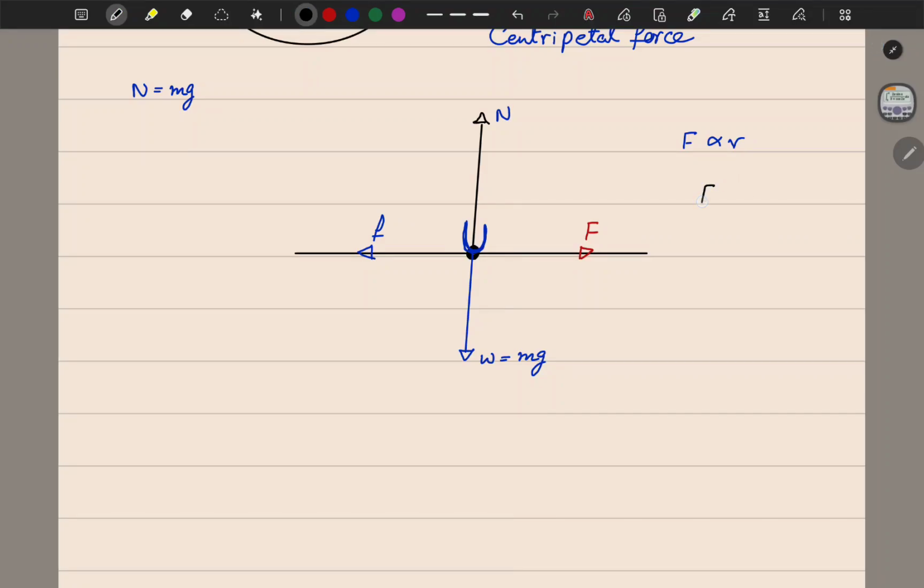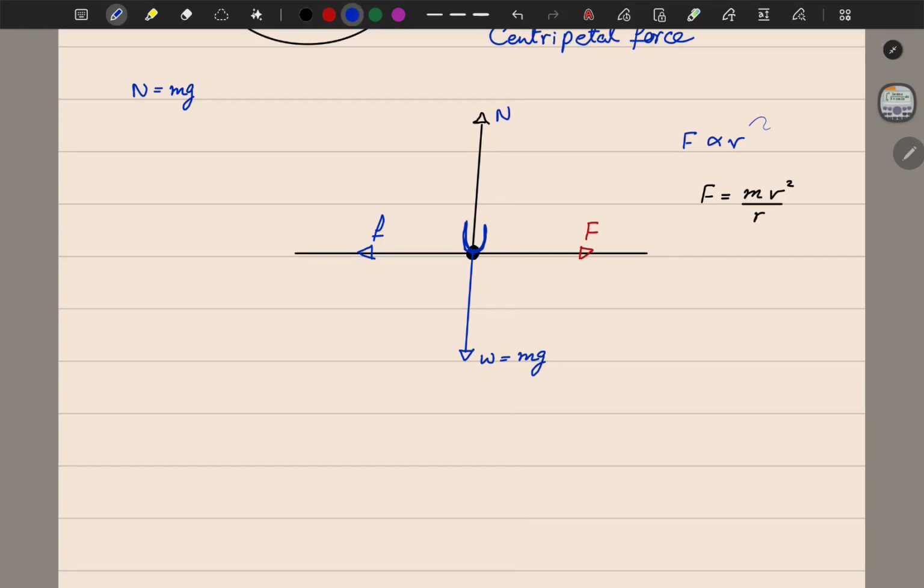We know that because the centripetal force equals the mass multiplied by the velocity squared divided by the radius of the circle on which the body is moving.